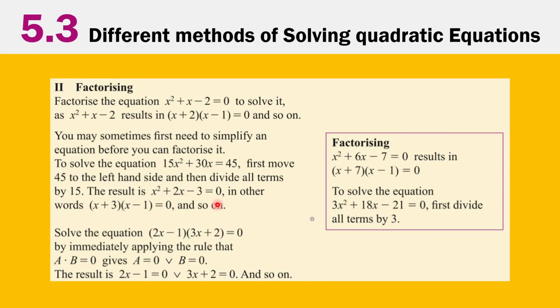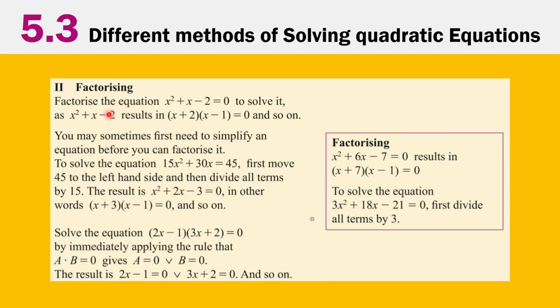With the product sum method, for example here, I'm going to search for two numbers in such a way that if I add them up, I find the number 6, and if I multiply them, I find minus 7. Here, that means the numbers 7 and minus 1. So we had x plus 7, x minus 1 equals 0, and then I can continue from there. x plus 7 equals 0, or x minus 1 equals 0.